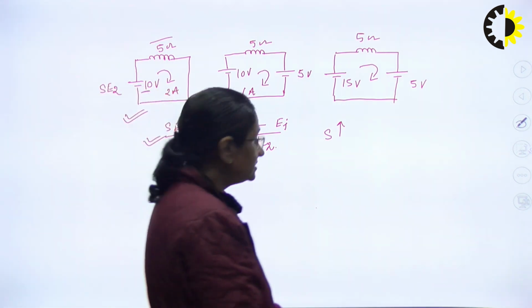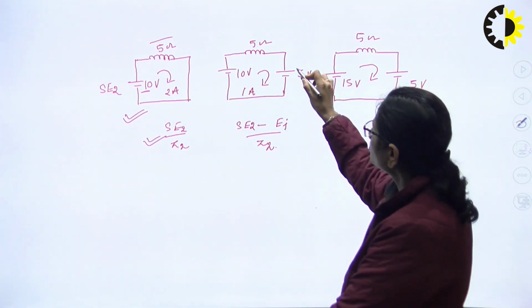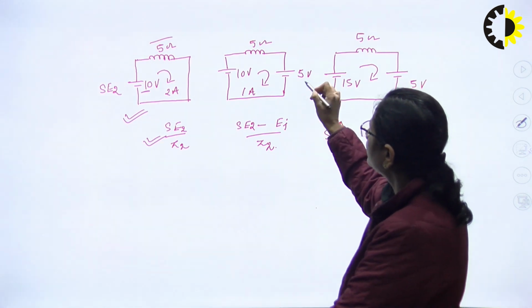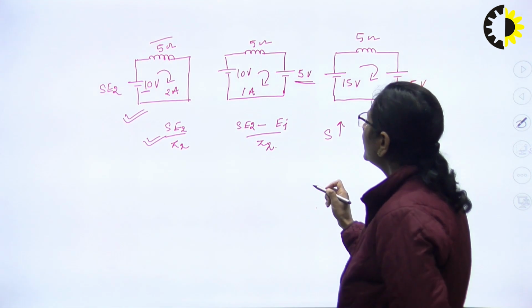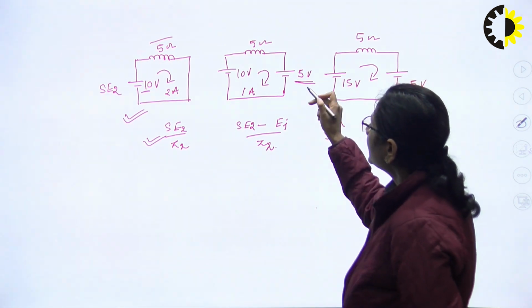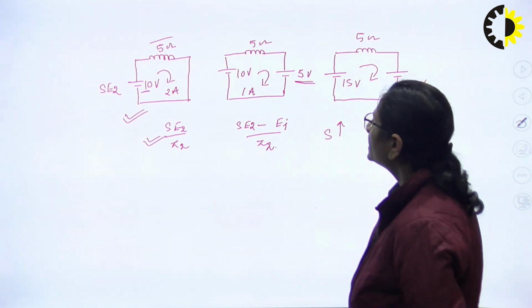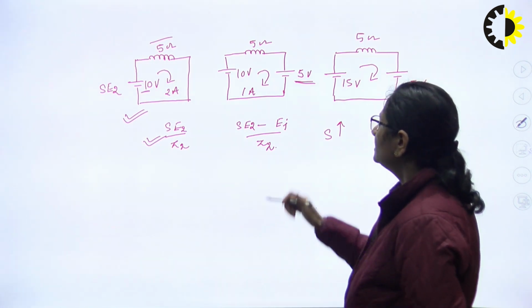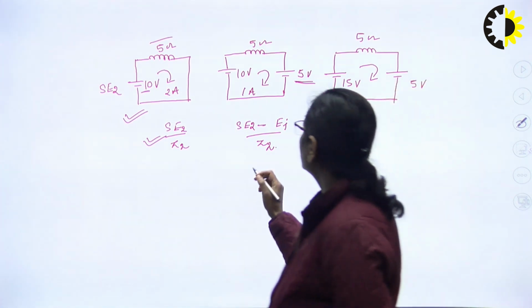Now let us consider the second case. In the second case, some EMF with this polarity, in this particular case an EMF of 5 volts, is injected into the rotor circuit. So what happens to the current? (SE2 minus EJ) upon Z2 is going to be the current now.